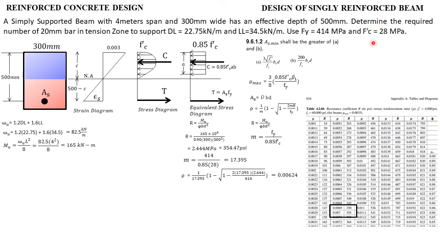And then, ang F prime C naman natin, dito kasi 4,000, ang F prime C natin na 28 megapascal is equal to 4,061.06. Okay? So, may konting difference siya. Okay? Now, so, but you can also solve using the table in metric unit.